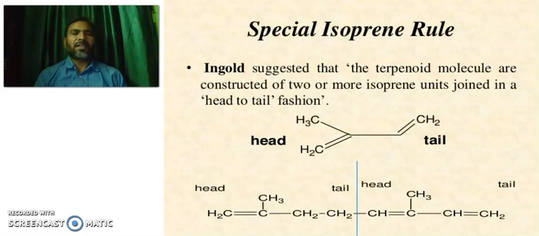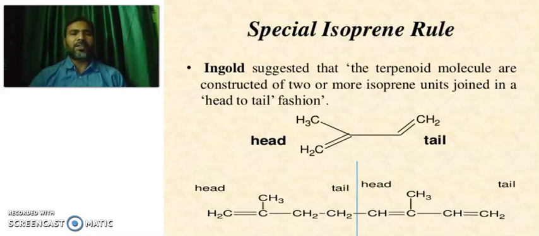You can see the head: CH3 attached to carbon, double bond CH2. This is the head, and CH2 is the tail. In the same way, you can see CH3 attached to the carbon and a double bond CH. This is the head, and CH double bond CH2 is the tail.